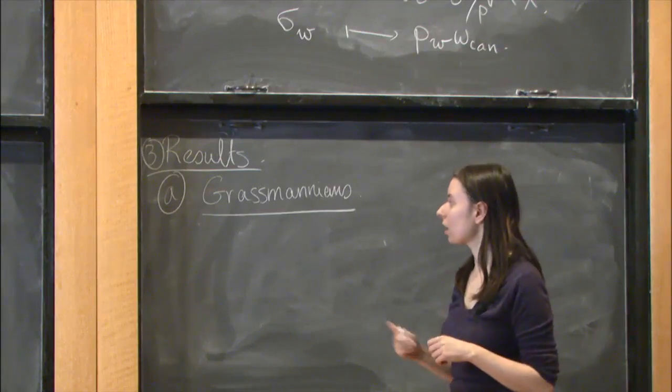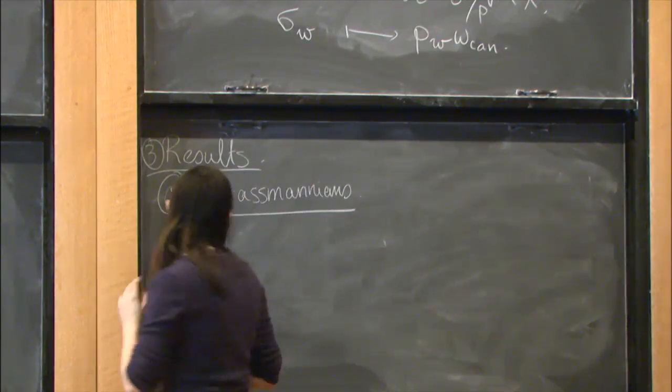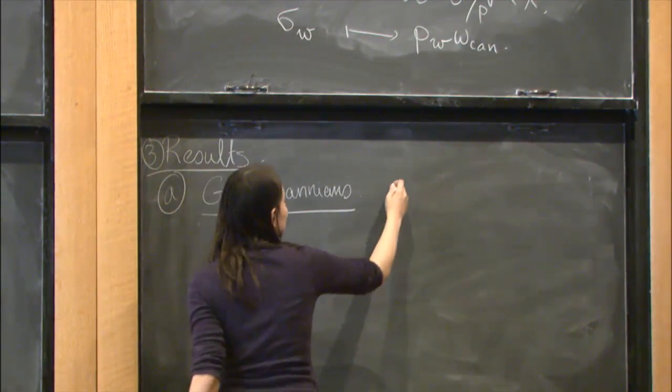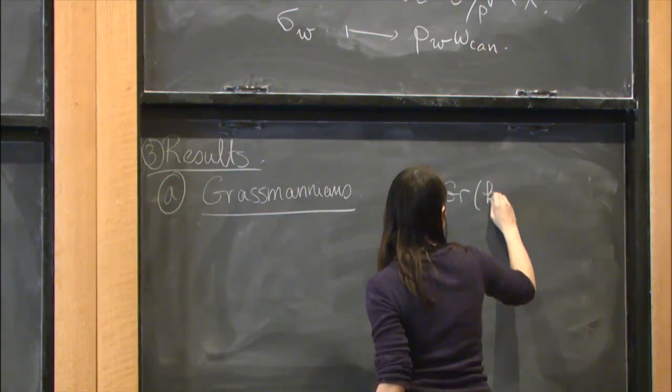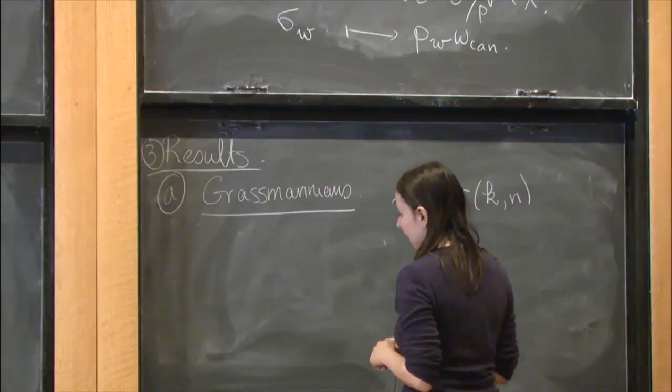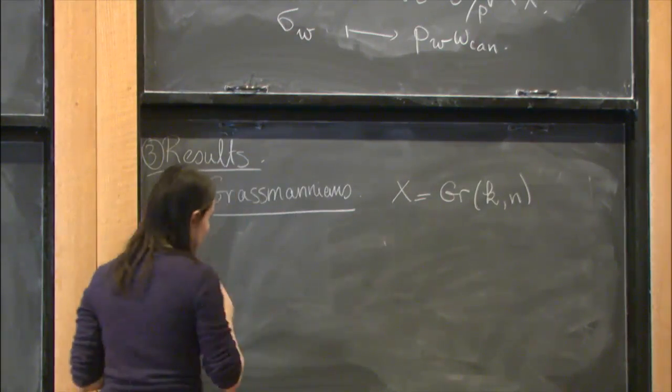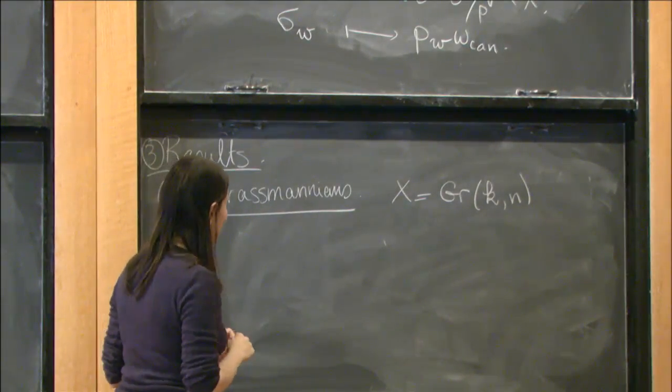So how's the mirror constructed? I'm taking X to be Gr(k,n).